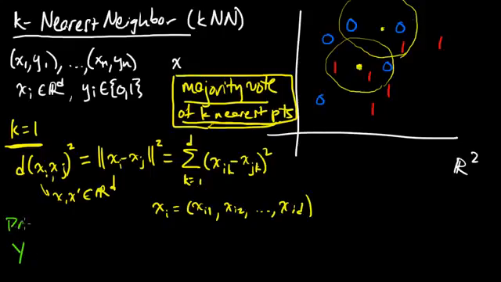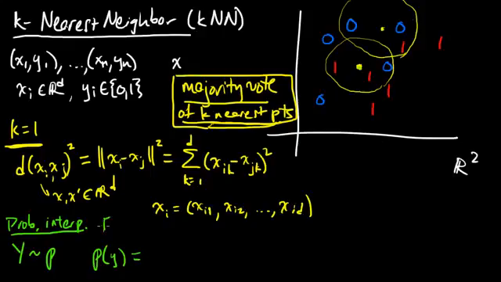So this is a probabilistic interpretation. Define a random variable y with PMF p, where p of a value little y equals the fraction of points.